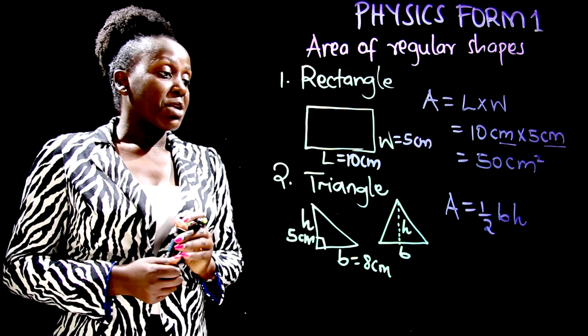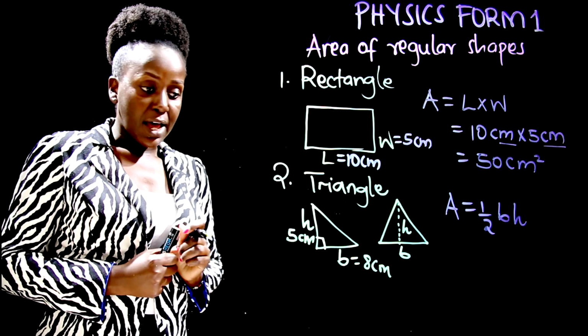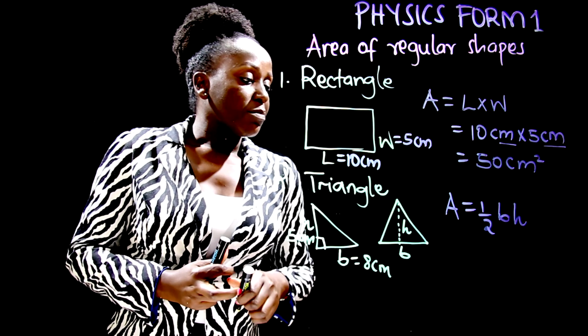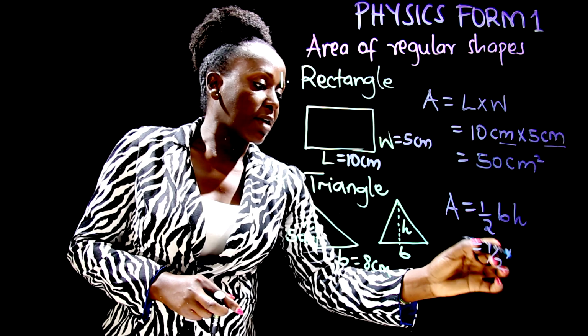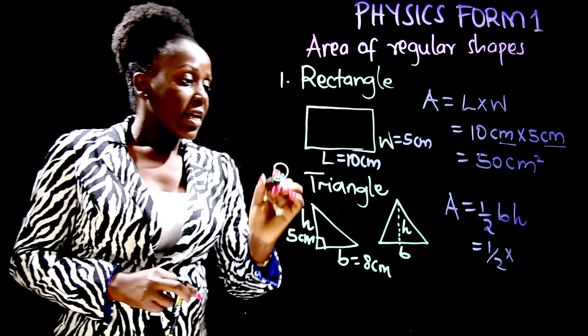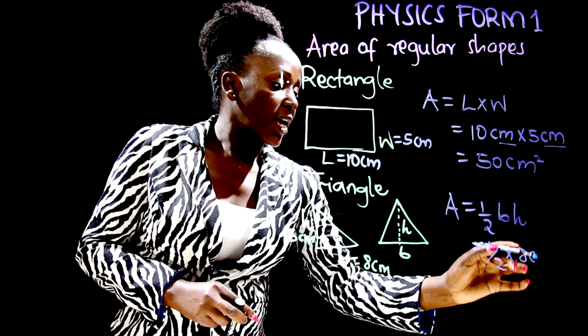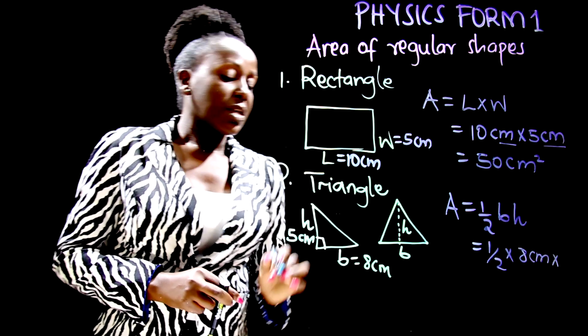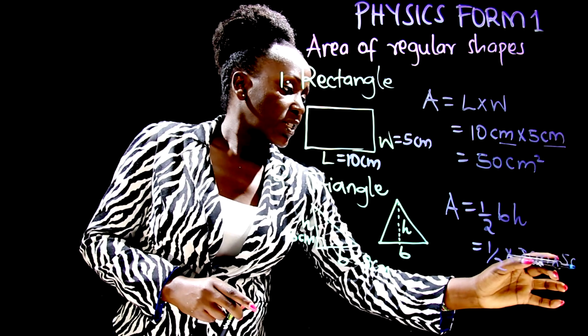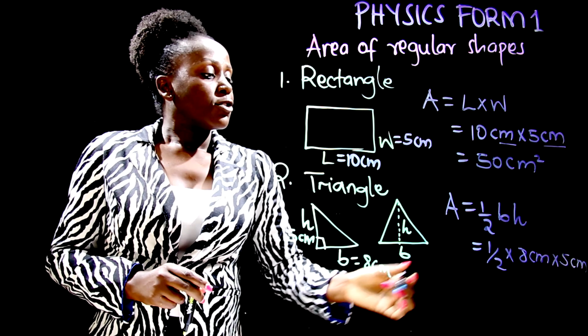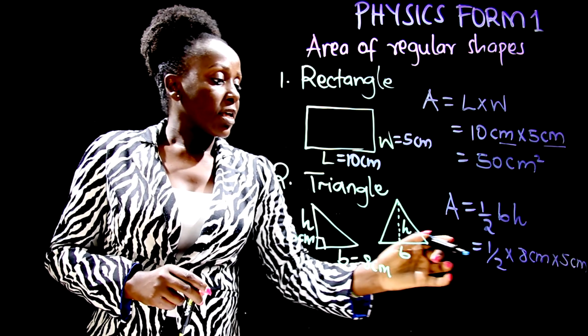What will be the area of this triangle? This will be equal to a half times the base, 8 centimeters, times the height, which is 5 centimeters. So we simplify this.